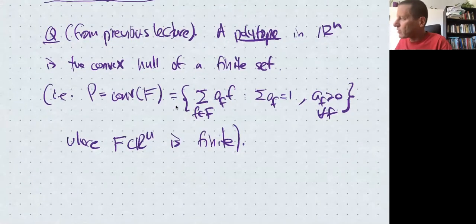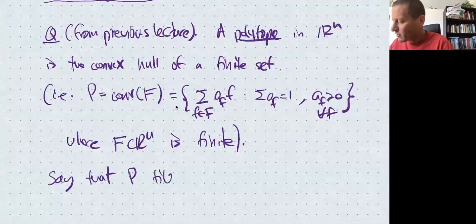And the question was, let's say that P, which is a polytope, tiles by translations.